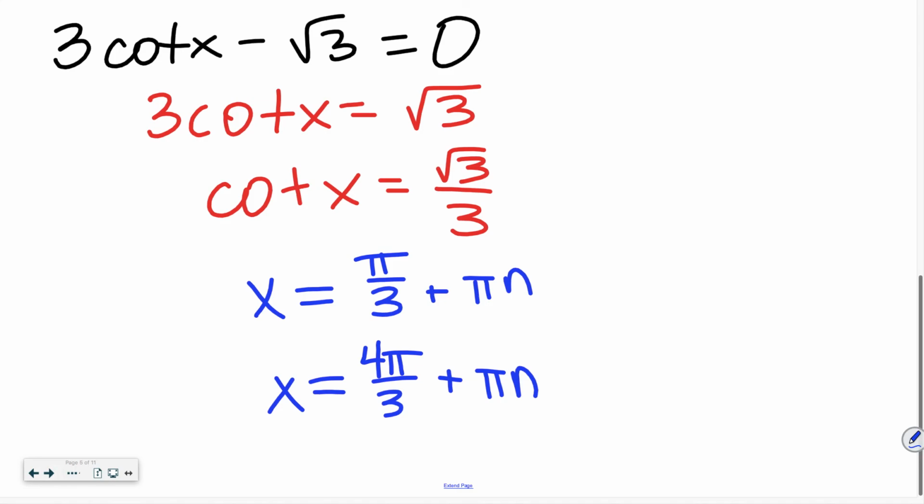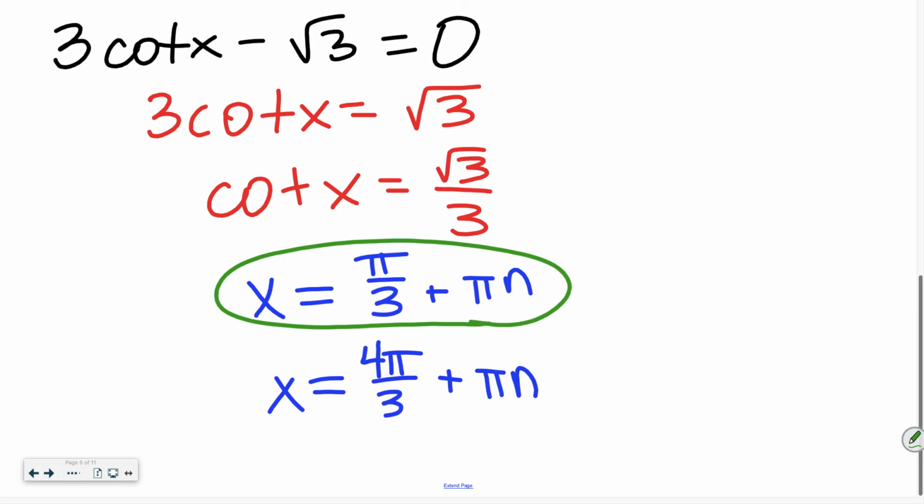Jacob, how far apart are pi over 3 and 4 pi over 3? Oh, they're pi apart? And our period is pi? Okay, so technically, this one solution includes this right here. Do you see what I mean by that? These are pi apart, so by saying pi over 3 plus pi n, that would include this value right here.